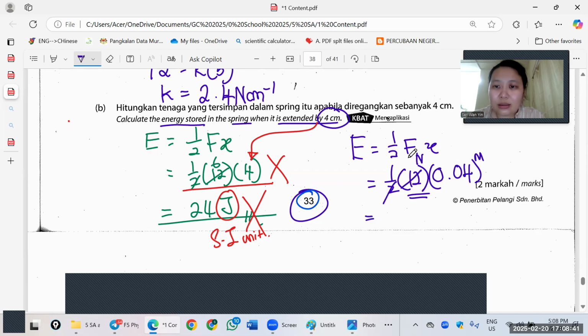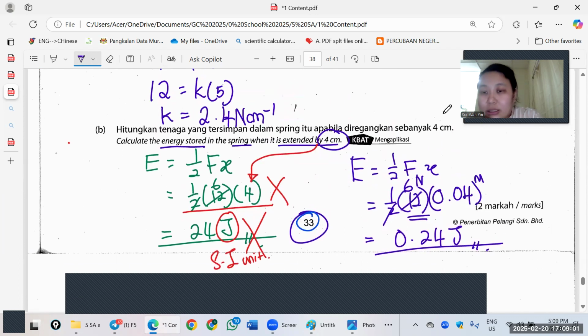And we will get 0.24 joules. Okay, so I hope you all can memorize this till the trial.